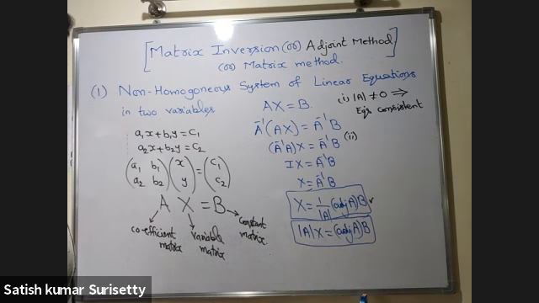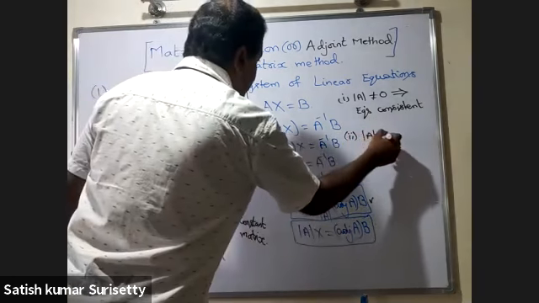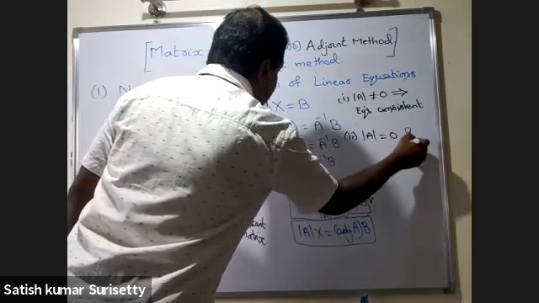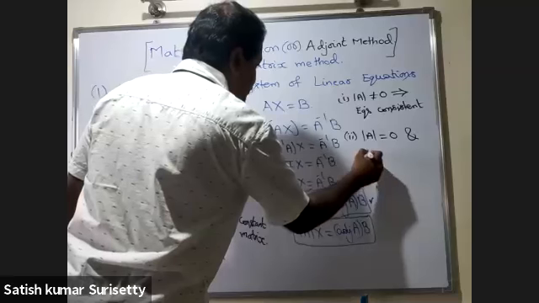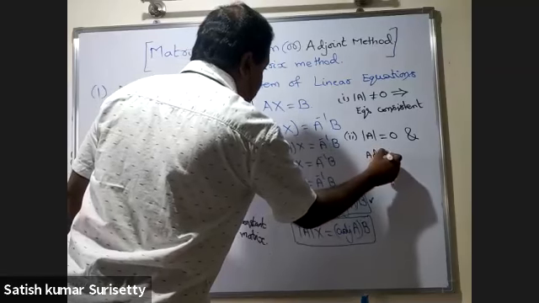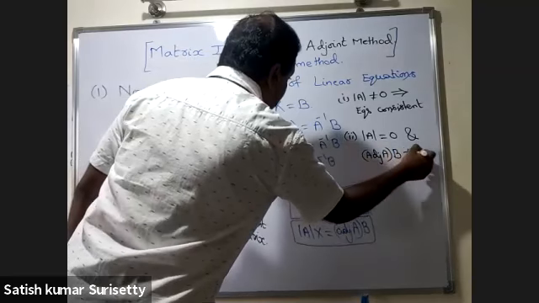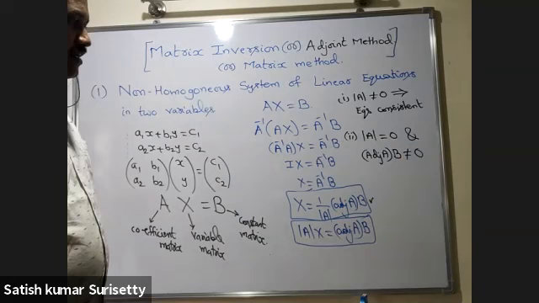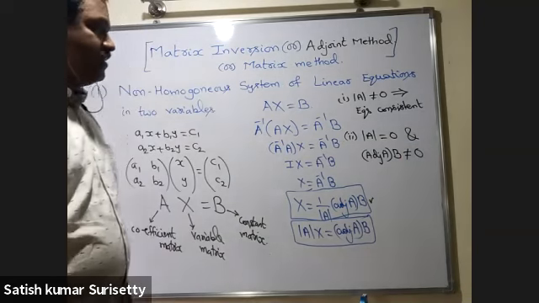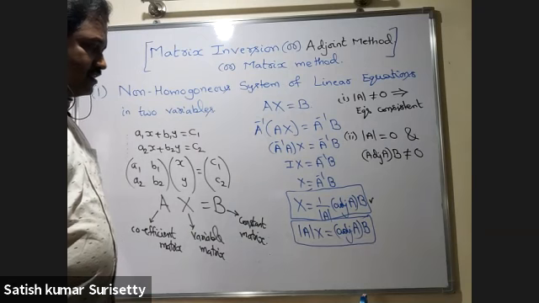Second case, determinant of A equal to 0 and adjoint of A into B not equal to 0.